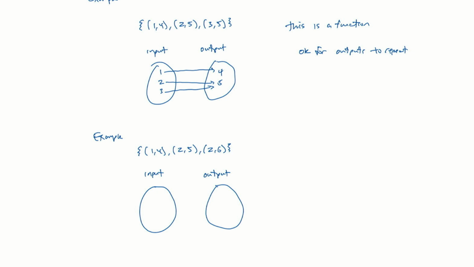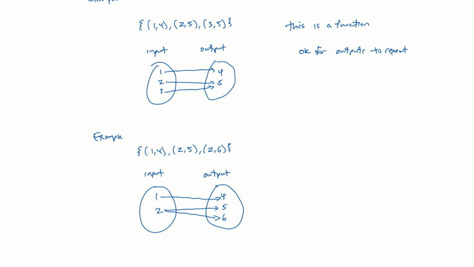Okay, our first values are 1 and 2. Our second values are 4, 5, and 6. Okay, if we put in a 1, we get out a 4. If we put in a 2, we get out a 5. If we put in a 2, we get out a 6.